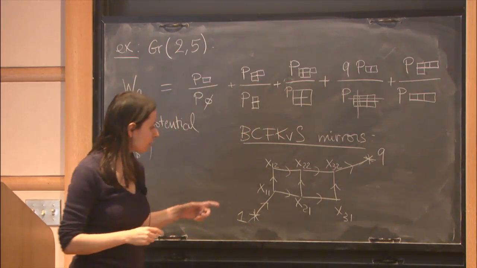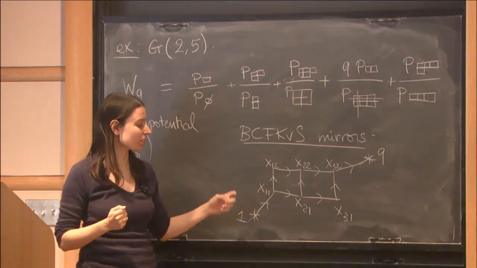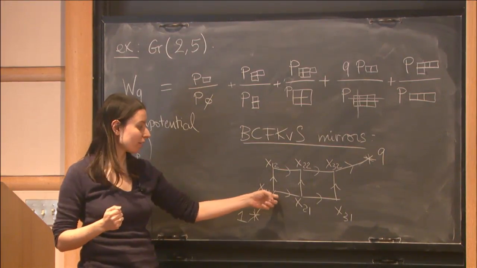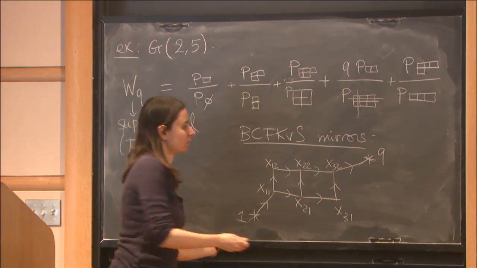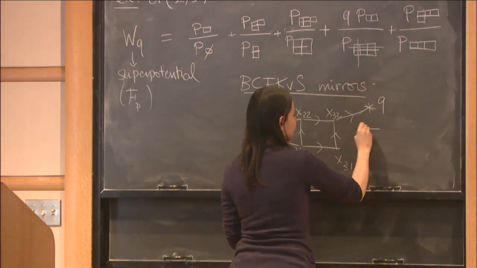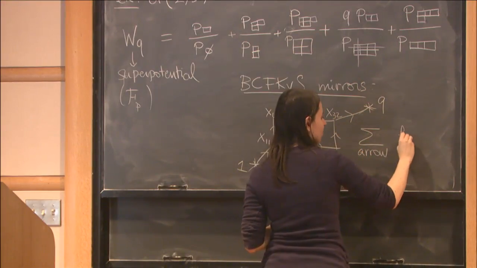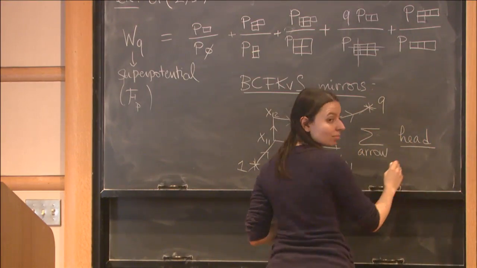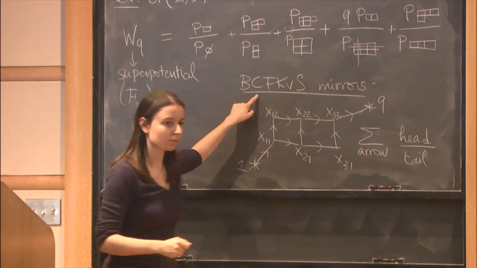For each arrow, the superpotential is given by the sum over arrows of the head of the arrow divided by the tail of the arrow. These are the Batyrev-Ciocan-Fontanine-Kim-van Straten mirrors.